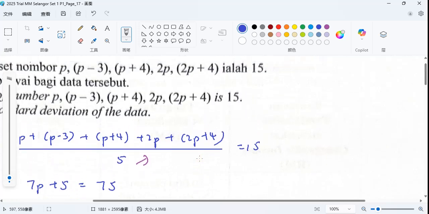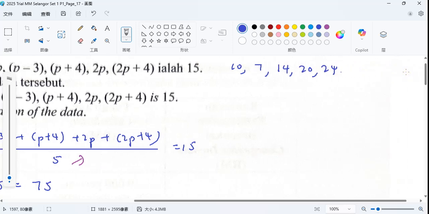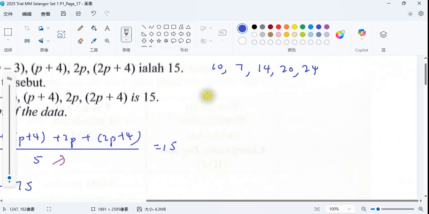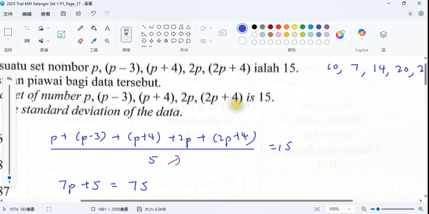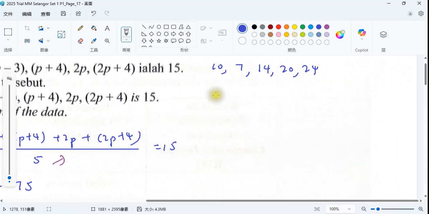So p equal to 10, then the numbers will become 10, 7, 14, 20, 24. The question asks for the standard deviation. So standard deviation will be the square root of the sum of x squared over n, minus the mean squared.